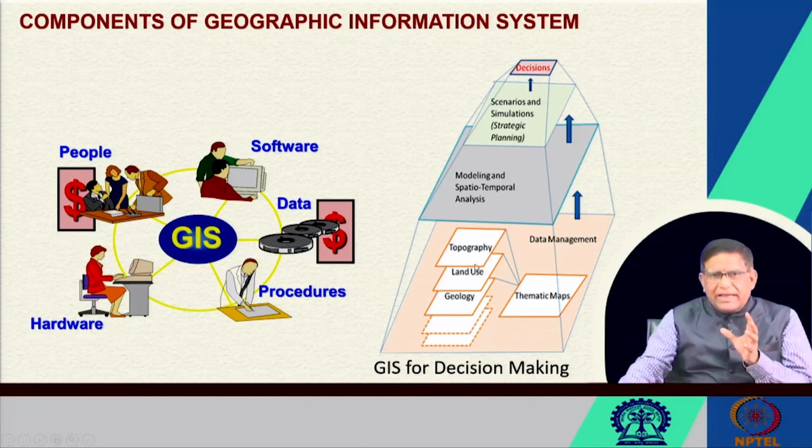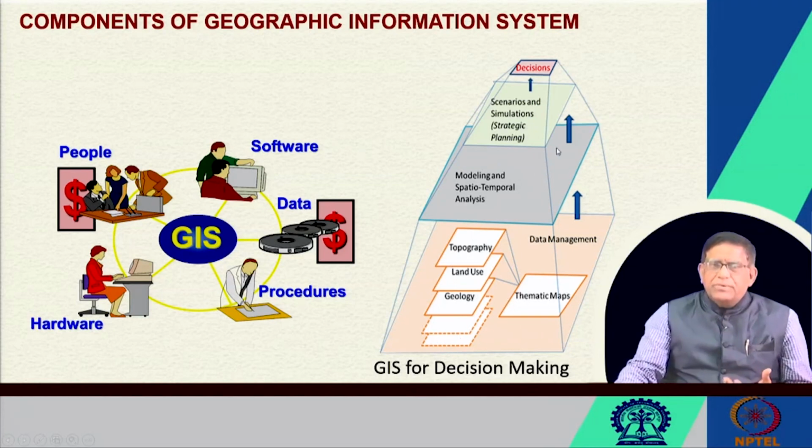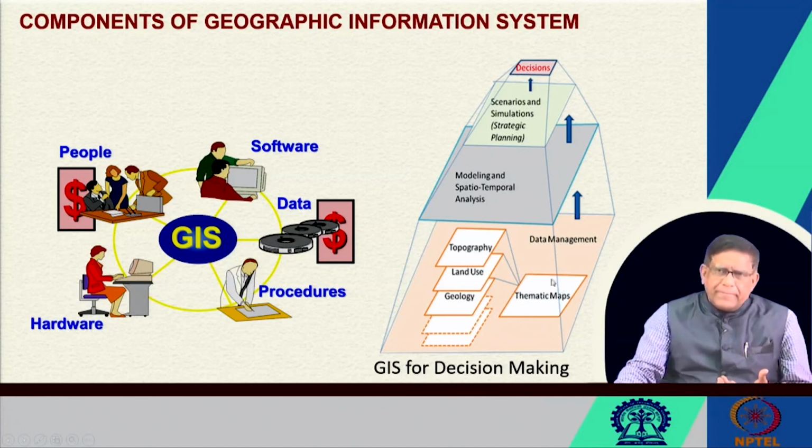Now, when you want to take decisions regarding what you will be doing in a particular area, you need to know the topography, land use, geology, maybe the noise level, production level, mining level, dust level. All are different coverages, and you can make a thematic map combining whichever features you want.